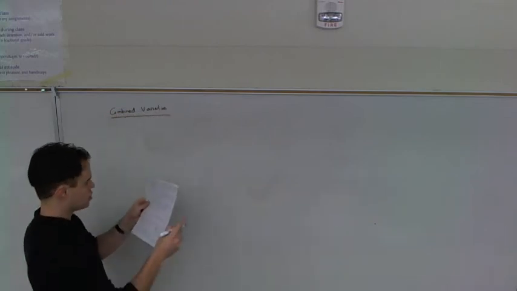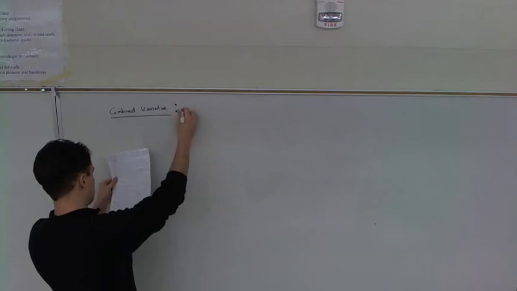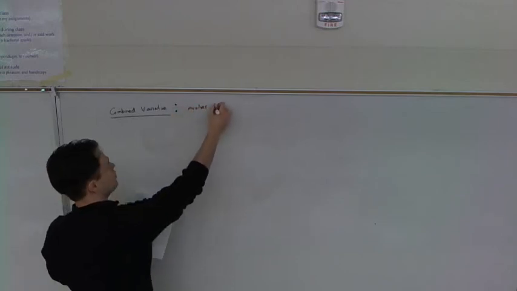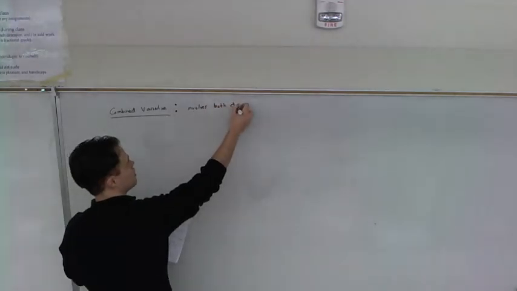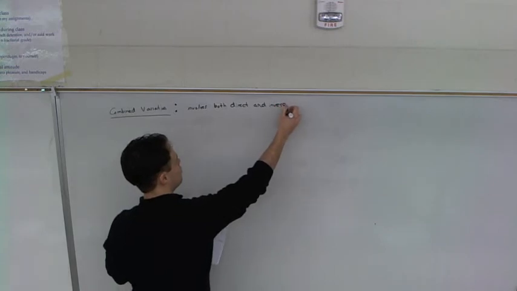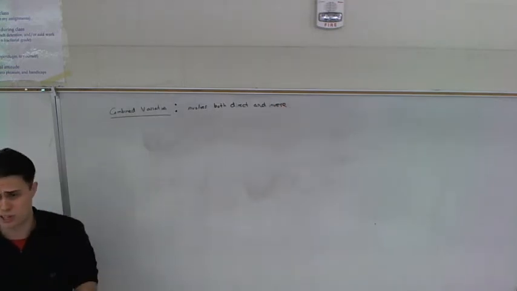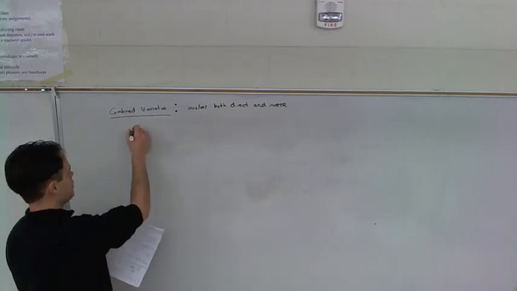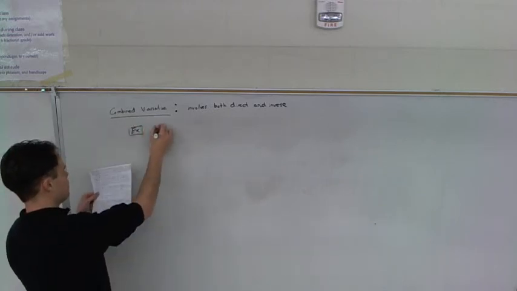So combined variation involves both direct and inverse. Okay, it's just combining those two things. It's not hard. So let's look at an example with that.